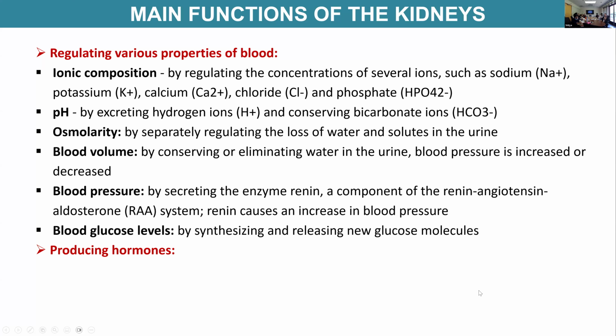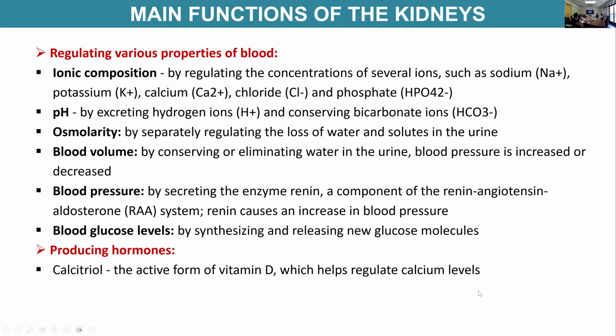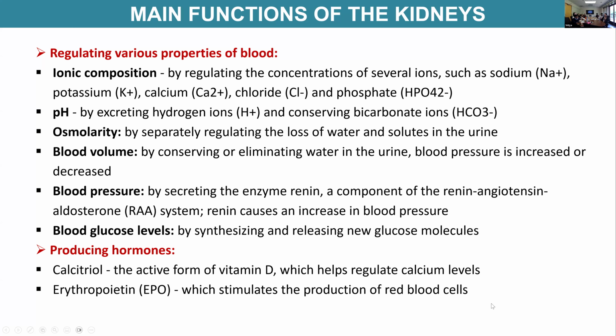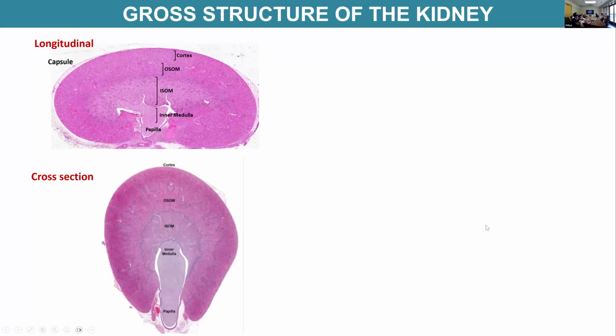In addition, the kidneys are a source of vitamin D and also erythropoietin. Erythropoietin stimulates the production of red blood cells, and it's very helpful, for example during hypoxic conditions, when EPO is expressed and produces red blood cells.